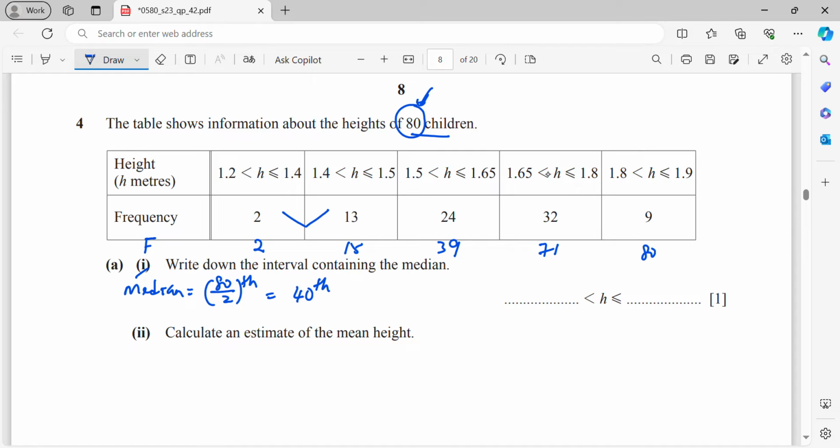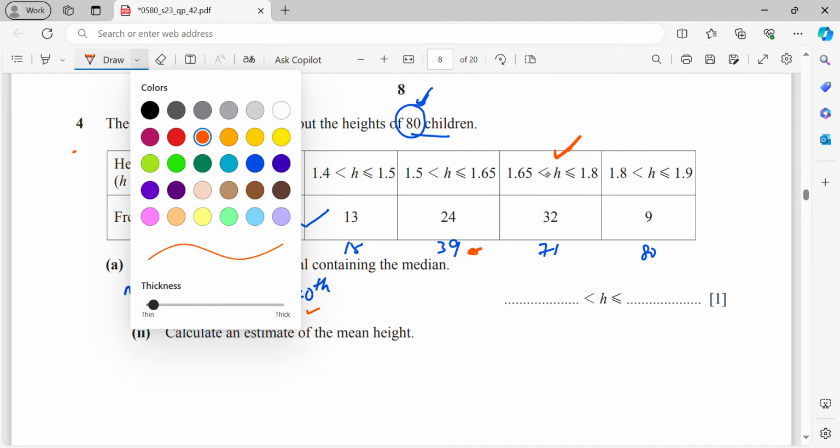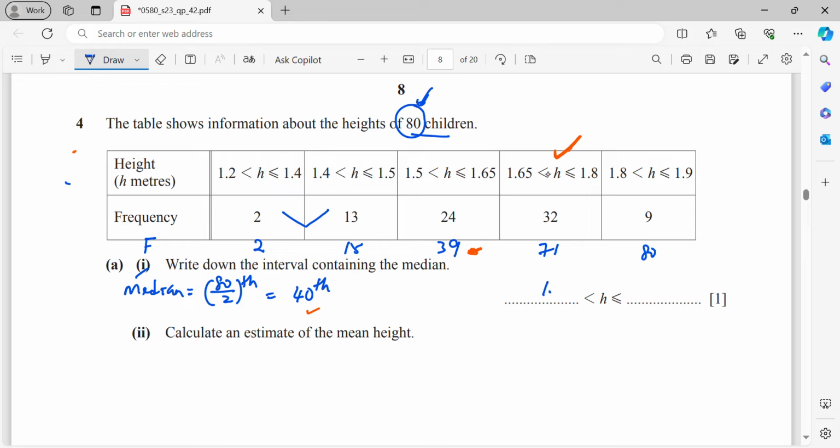Now my median is the data number 40. The class from 1.5 to 1.65 only goes up to child number 39 after you arrange, so my median will be in the next class, 1.65 to 1.8. That's the solution of this question.